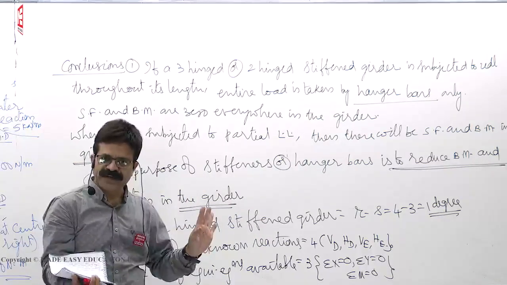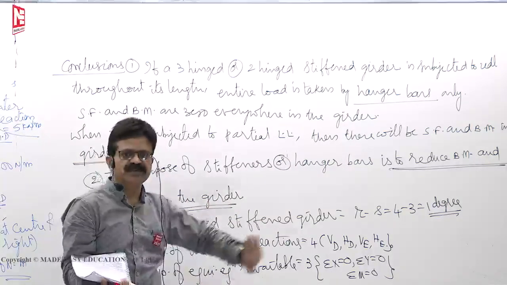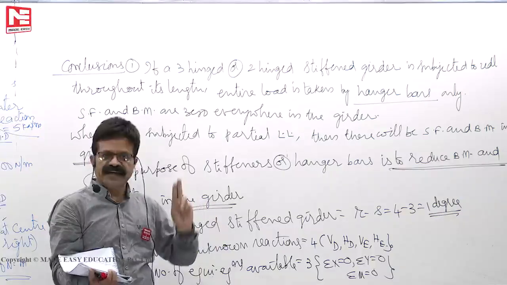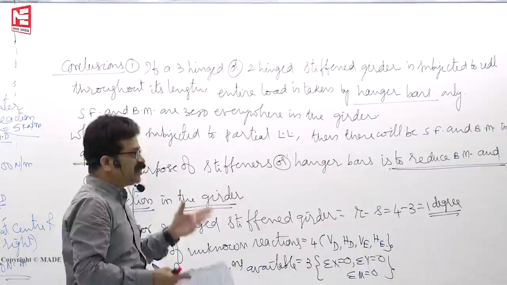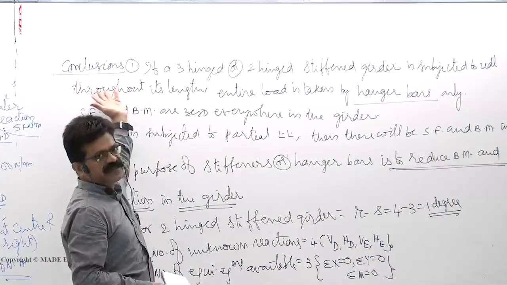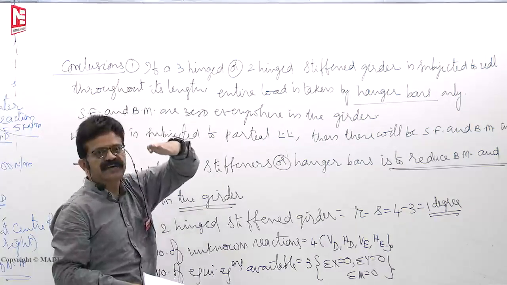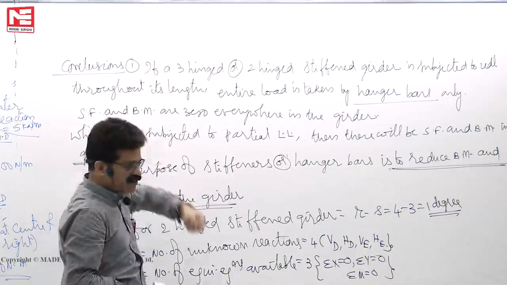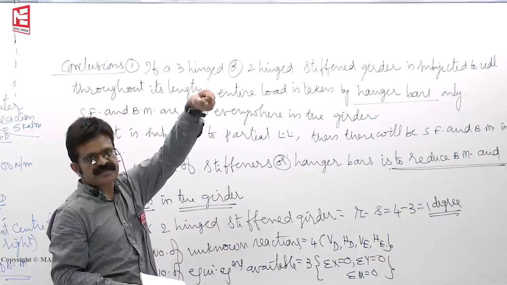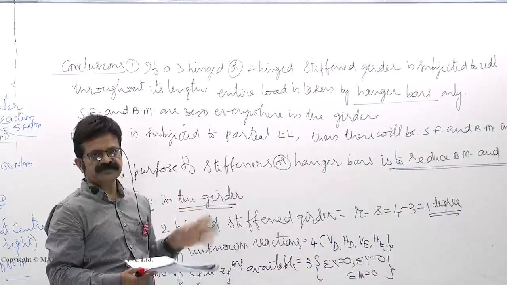The girder will not be loaded when UDL is there throughout the length, because the entire load is taken by the hanger bars only. Why the hanger bars only? You have studied in strength of materials: if a log is resting on water, or if a girder is resting on the hanger bars, the situation is the same.